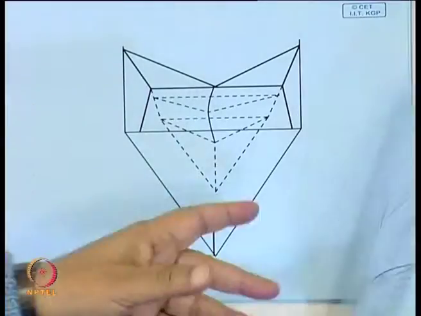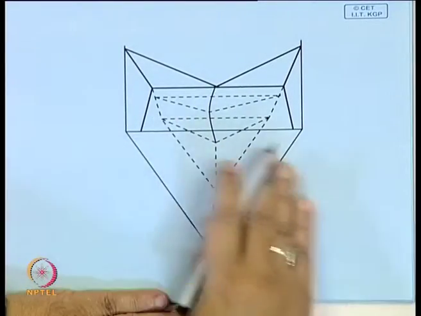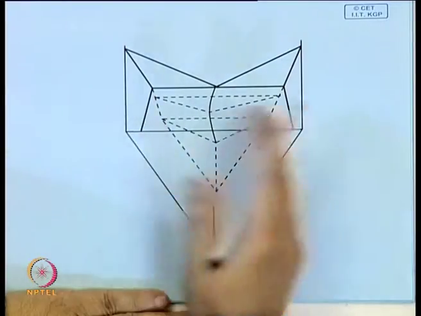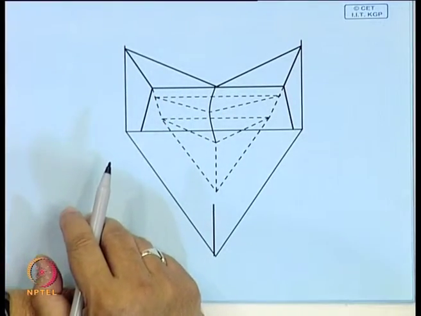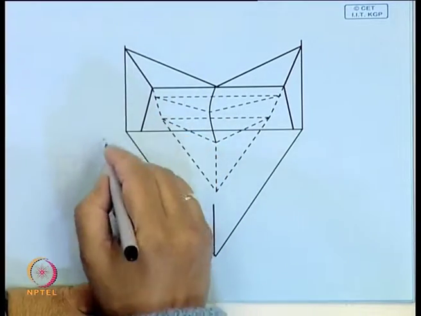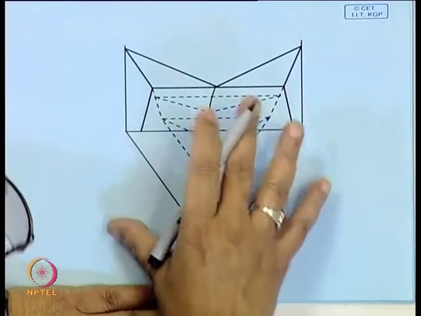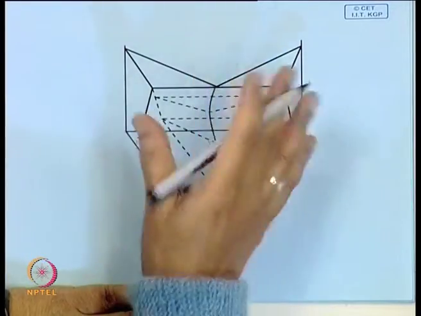Now, to visualize that, in this diagram we have removed this portion just to understand the nature of this 3 phase region. I have just changed the orientation a bit.